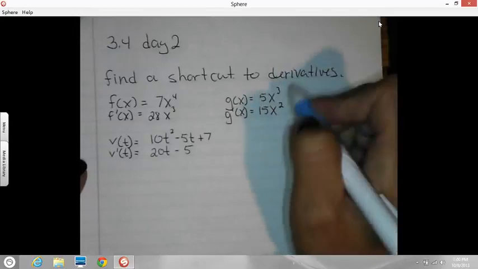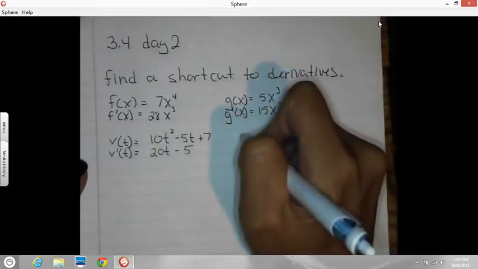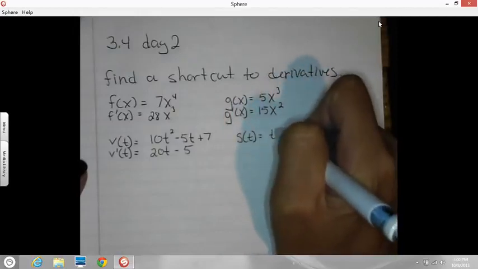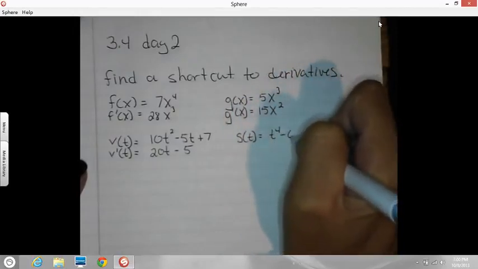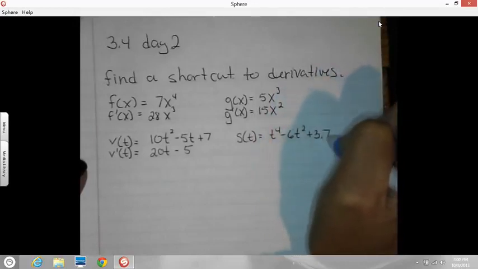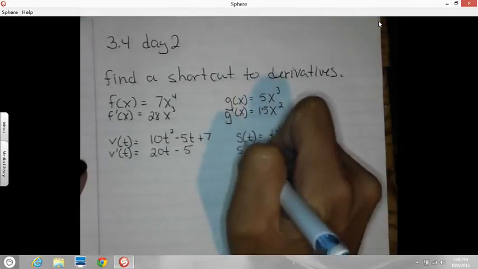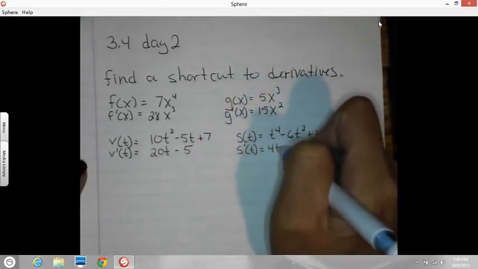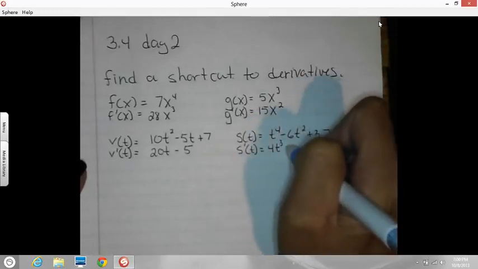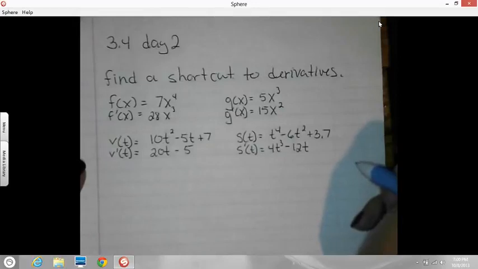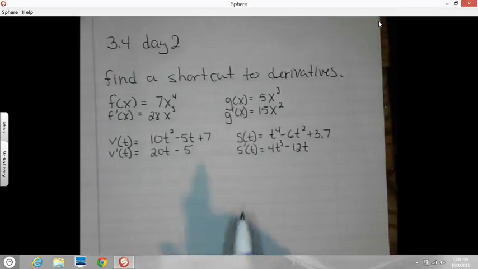And the last one, s of t, was t to the 4th minus 6t squared plus 3.7. Your derivative function was 4t cubed minus 12t. All right, how many of you got the shortcut? Hopefully a lot. If not, here it is.